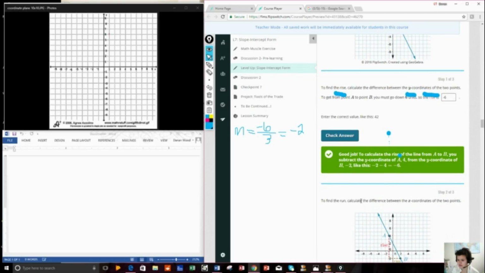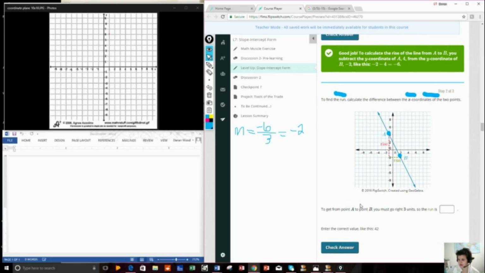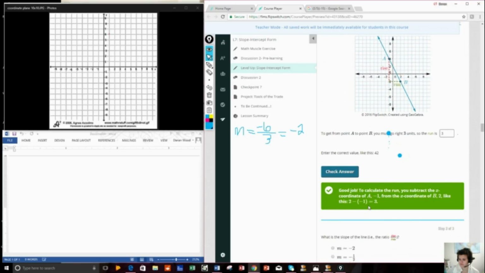Okay, to find the run, calculate the difference between the x-coordinates, because that's our horizontal distance. To get from point A to point B, we must go right 3 units. So the run is +3.